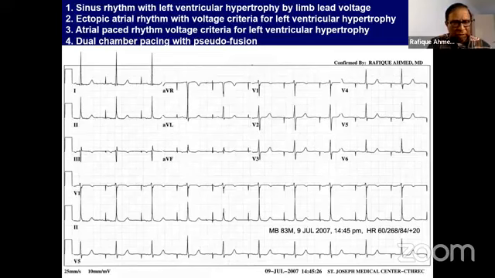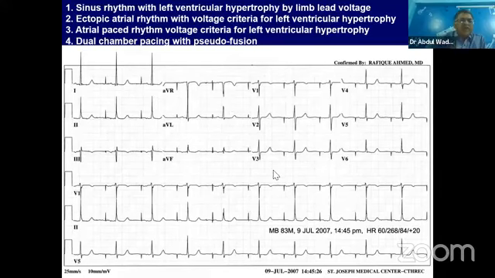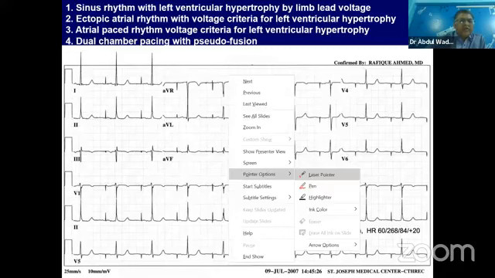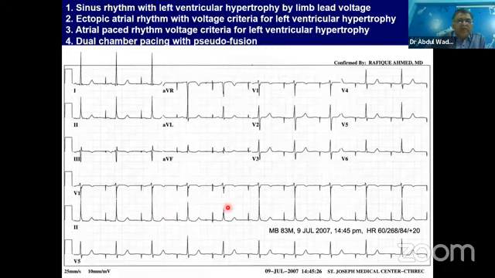So I'll talk about it. If you look at the rhythm strip in the bottom, whether it's only atrial paced rhythm and voltage criteria, and by voltage criteria, look at this.